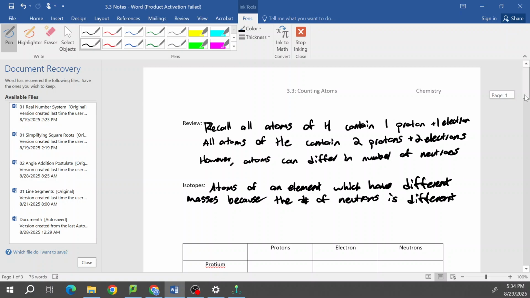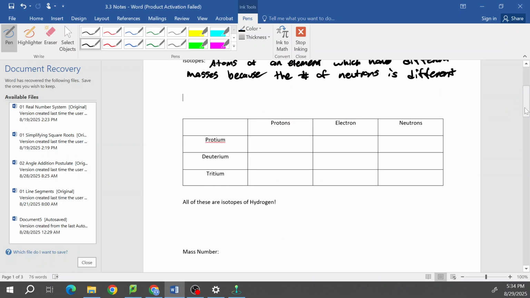Okay, so let's take a look at a couple of examples here. I'm looking at the element hydrogen, and hydrogen apparently has 3 different isotopes, which means it has 3 different atoms which all differ in mass. The 3 isotopes of hydrogen are protium, deuterium, and tritium.